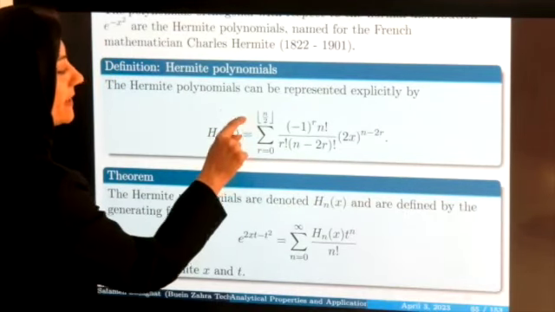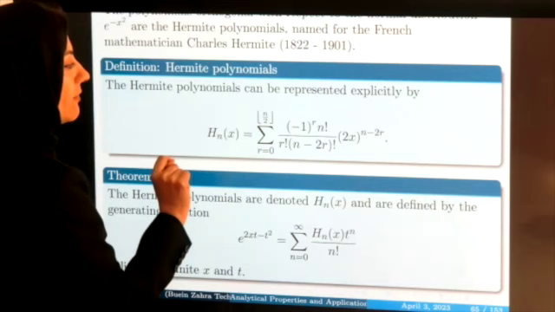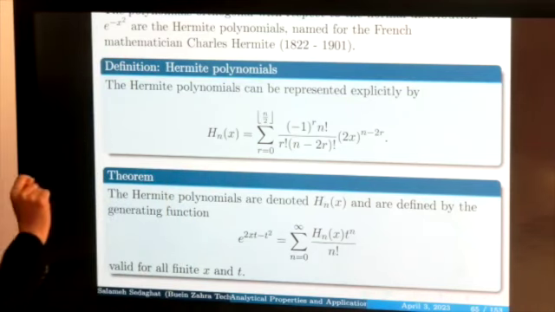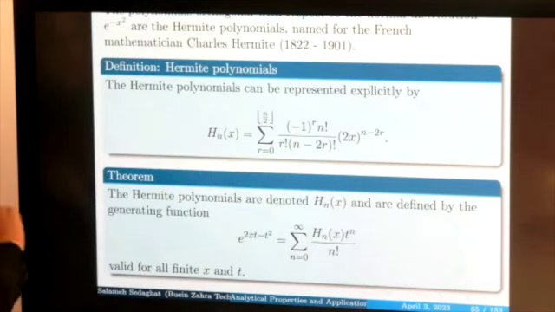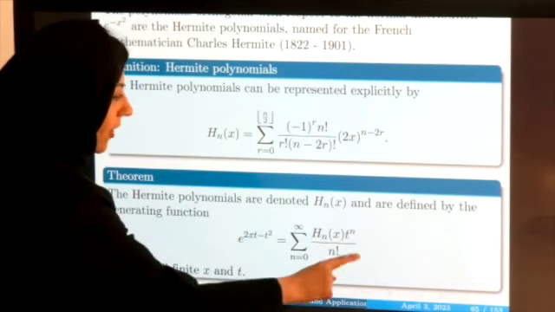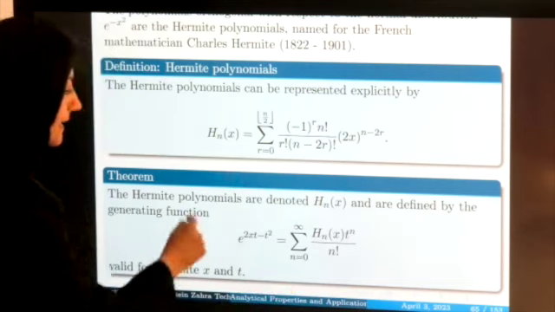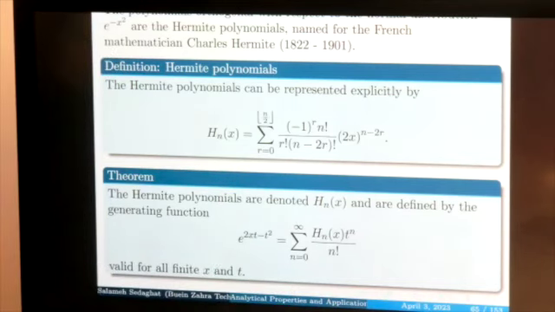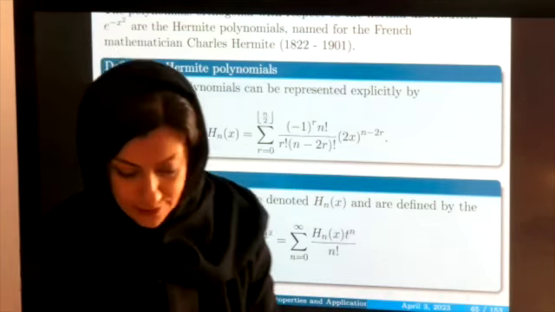Here, this part is the integer part of n half. The first theorem is that the Hermite polynomials are defined by this generating function, and now I want to show it to you.